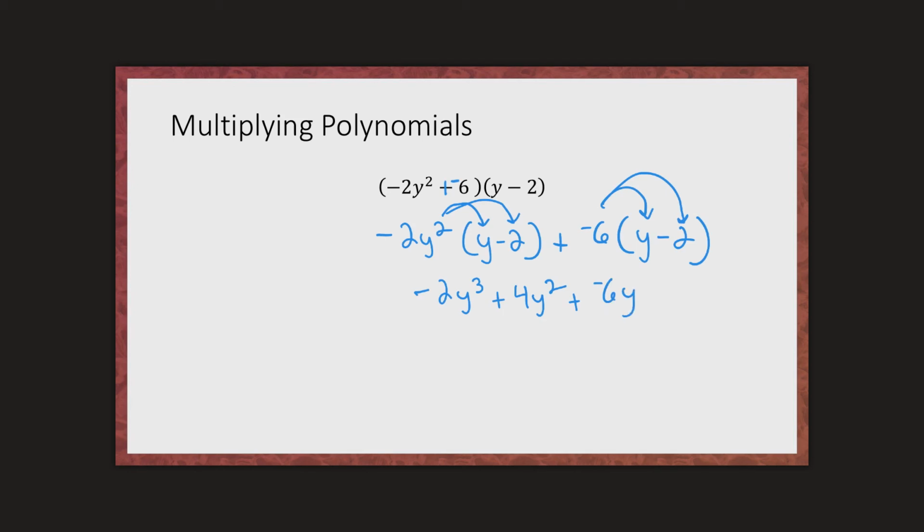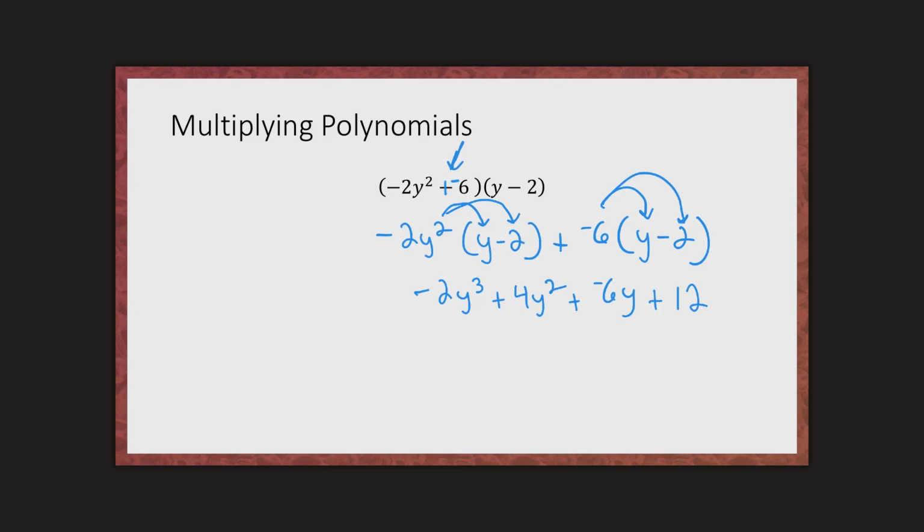Now I'm going to multiply negative 6 times negative 2, and if you didn't change that to a plus negative, you might not know that it's a negative times a negative there, but that will be plus 12. So just make sure that in this middle part right here, you change it to a plus negative, otherwise your signs might get messed up as you're doing your distribution.